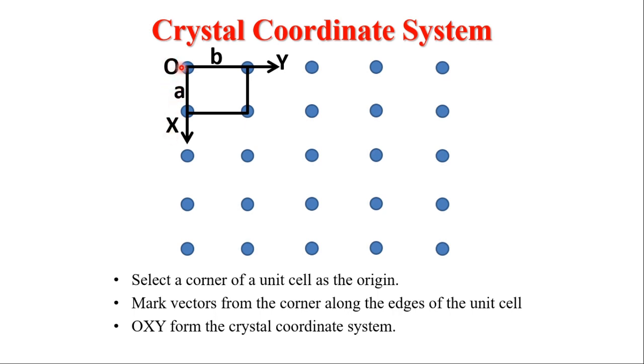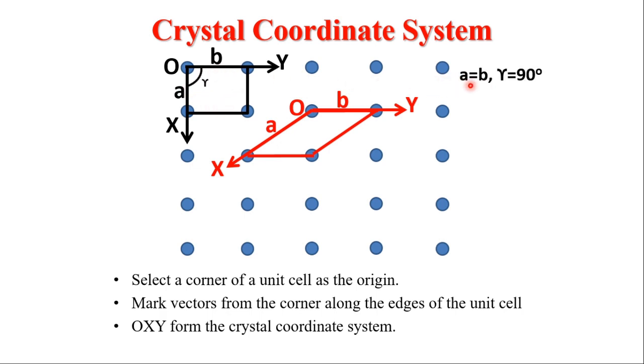If we wish, we can also select another unit cell. So, here I have drawn the parallelogram, and now I am going to mark the axes, origin and vectors a and b for this new unit cell. In the case of the black unit cell, vectors a and b are equal and the angle between these two vectors is 90 degrees.